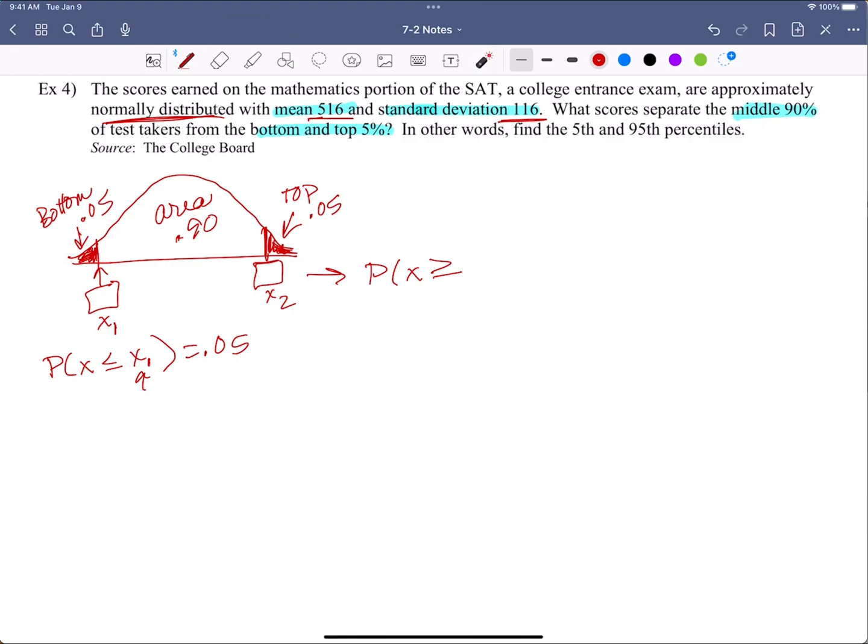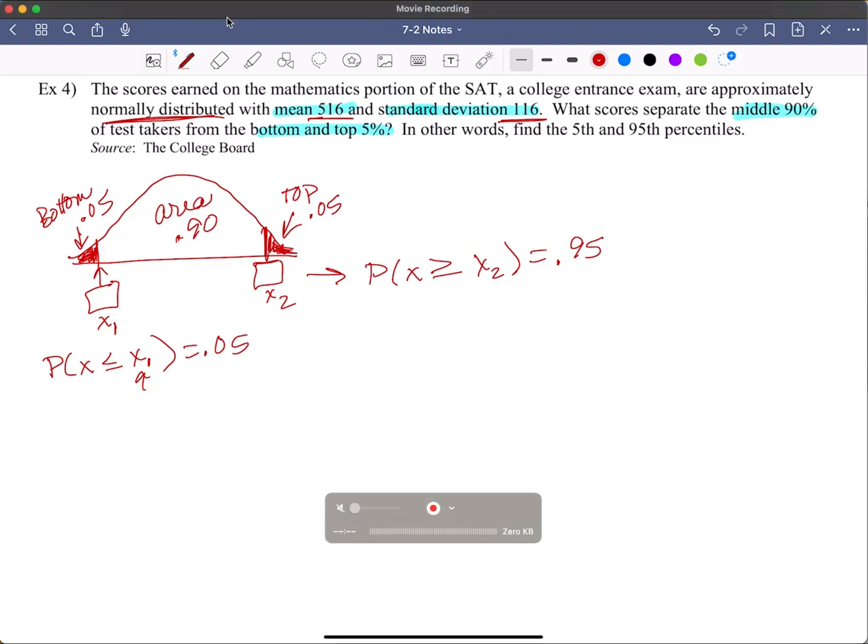This is the first opportunity that we've got to go to the right. And that's where my greater than symbol comes in of whatever value that is. And then that is going to equal 0.95, right? Because I want to see what is happening with that 95th percentile. But it has to be greater than the 95th percentile.